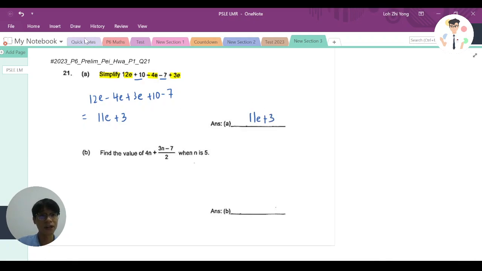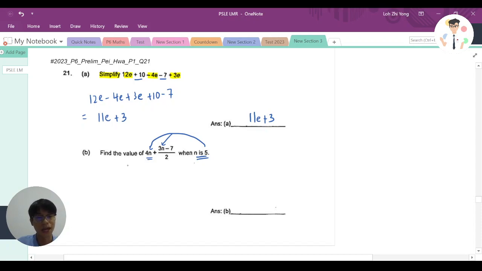Now, next one, find the value of 4n plus (3n minus 7) divided by 2 when n is equal to 5. So this is basically evaluate. You just need to put in 5 into all the n's. Remember, 4n means 4 times n.